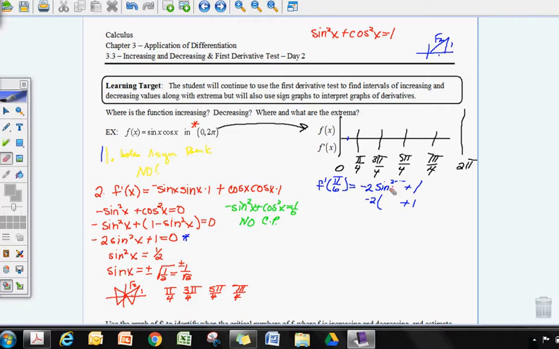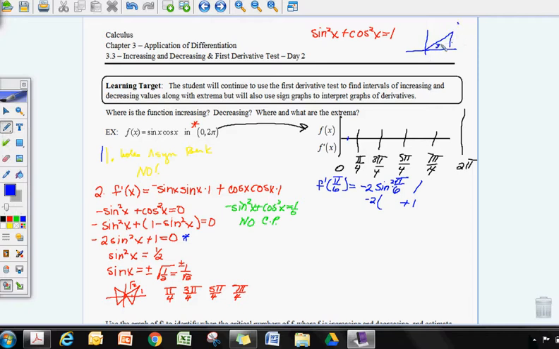I put in pi over 4, but what number did I say I was going to pick? So I need to go back, guys, and I'm sorry. I said I was picking pi over 6, so this is pi over 6, which means I erase it and start again.